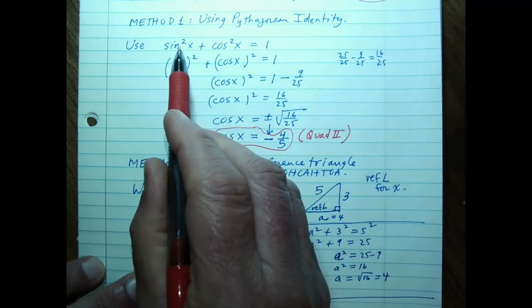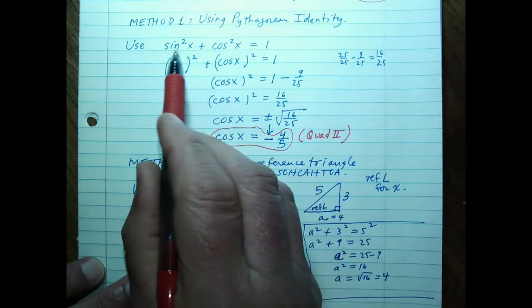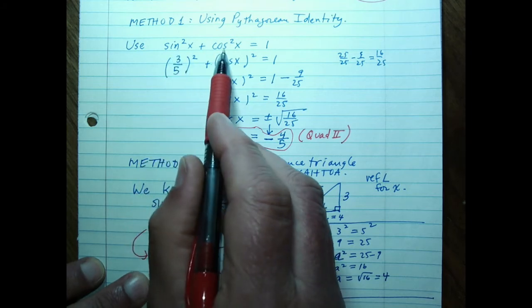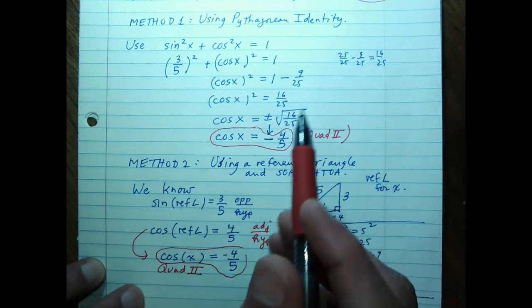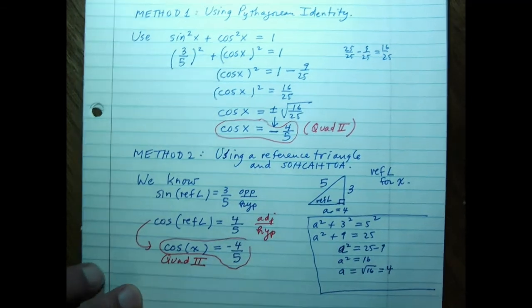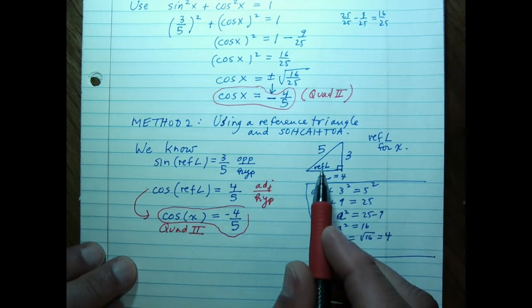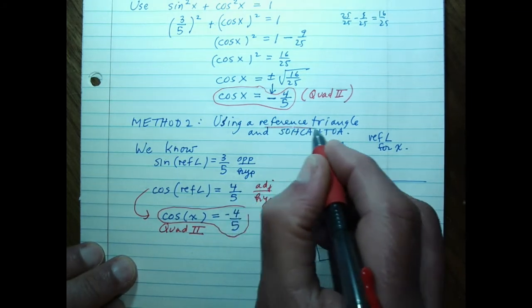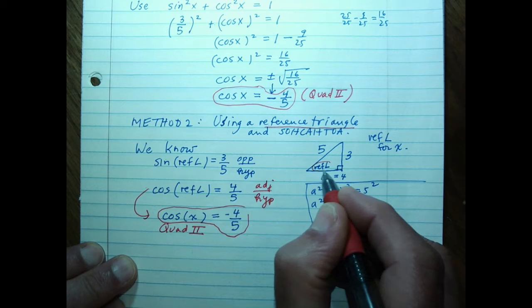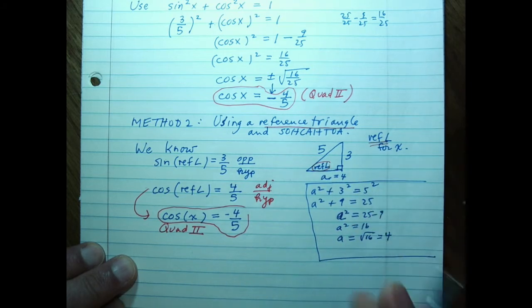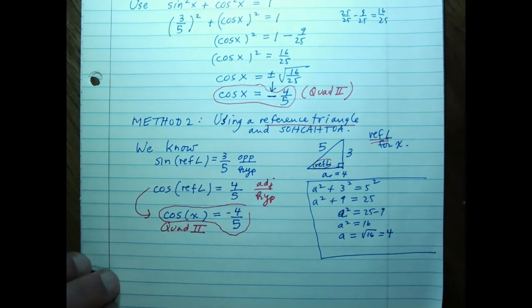We could either rely on the Pythagorean identity, sine squared x plus cosine squared x equals 1, or we could draw a right triangle and use SOHCAHTOA. But if we rely on the right triangle, we call that a reference triangle, because it's the reference angle for x that occurs as an acute angle. And that's fine.